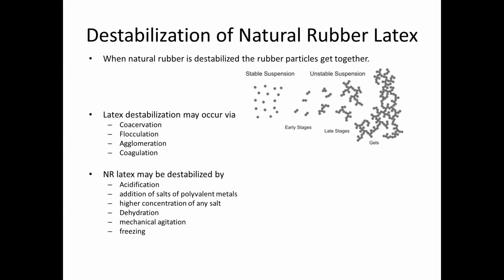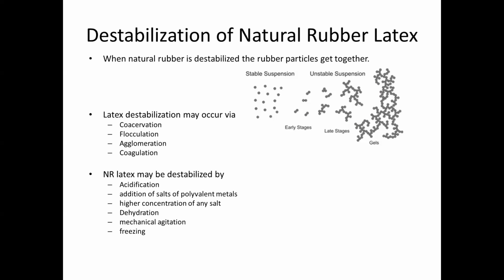Then we could increase destabilization by adding a salt, polyvalent metal. For example, magnesium 2+, calcium 2+. If you have these type of polyvalent metals, the destabilization of latex is higher.